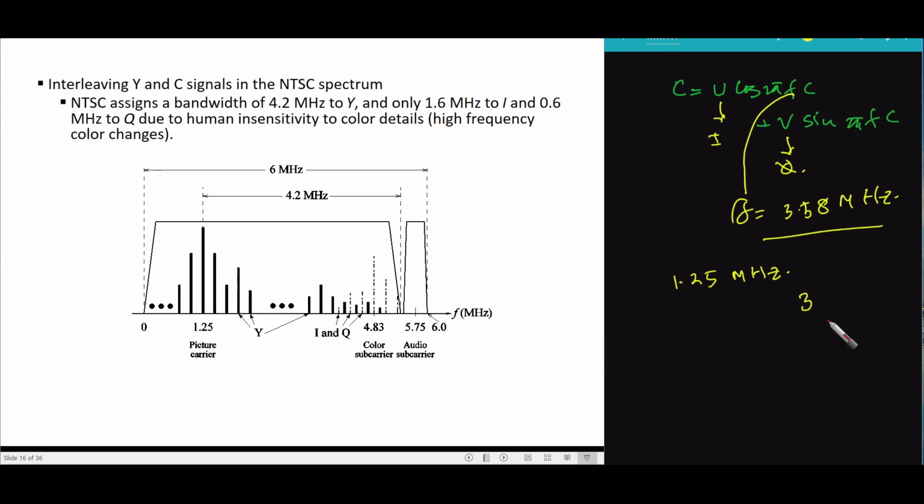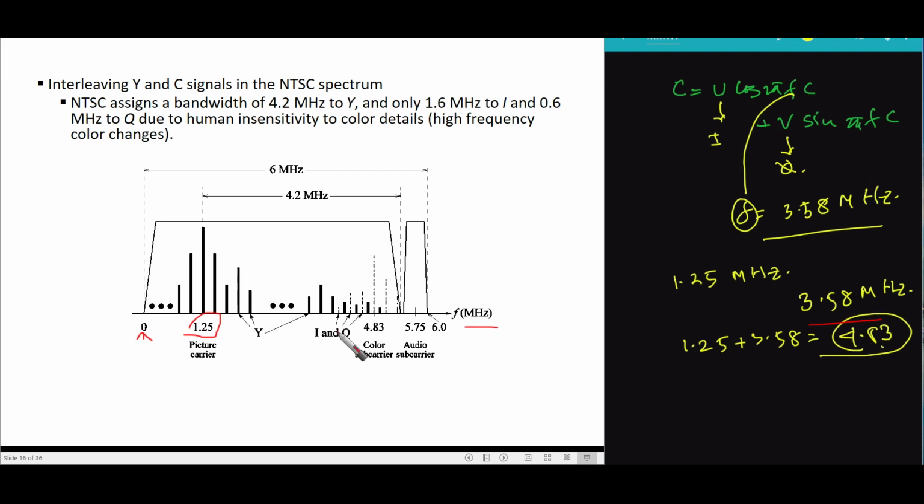So if we start from zero as a reference point, 1.25 is our carrier, and then 1.25 plus 3.58 is exactly 4.83.